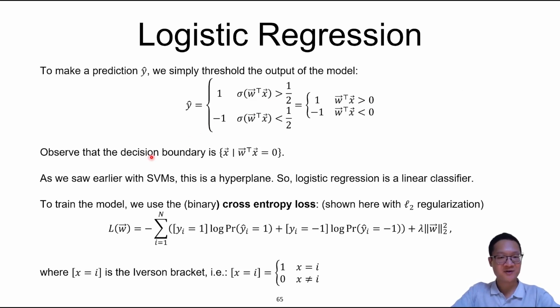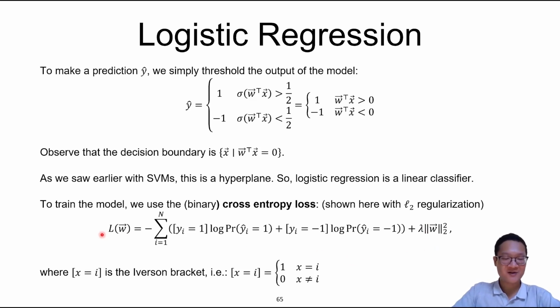Usually, to train this model, we use what's called the binary cross-entropy loss. Here, I'm adding L2 regularization just to be consistent with the previous discussion of square loss or ridge regression versus soft margin SVM.